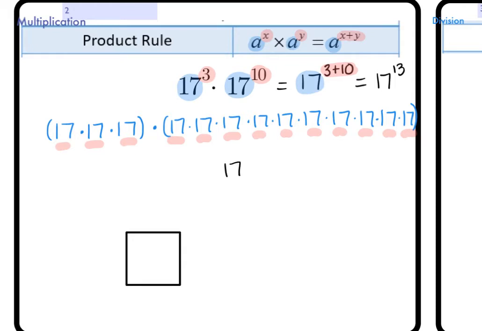That'll be 17 to the 13th power just based on the expansion. So I can see that this is correct. My answer at the end would look like that. Remember that when you type this, you do have to write 17, the little caret symbol, and then 13.